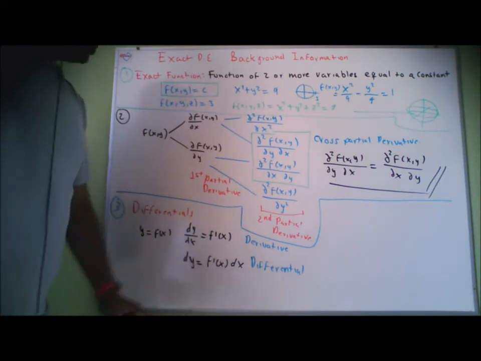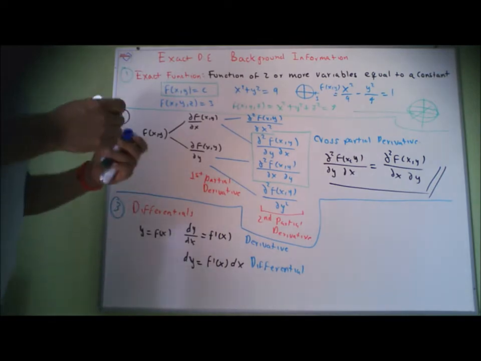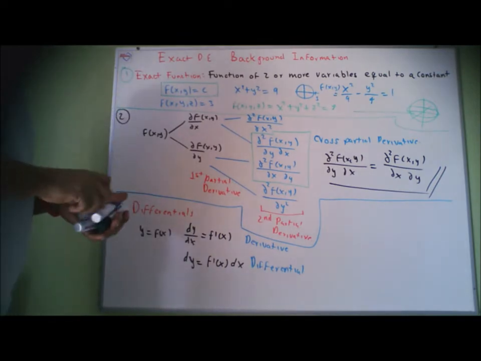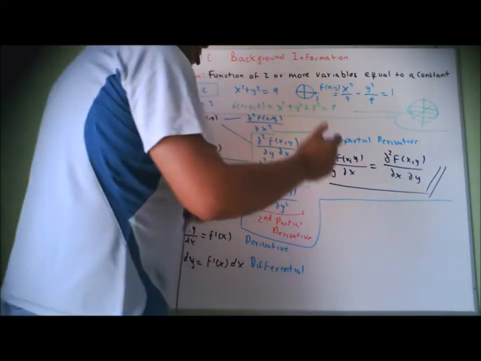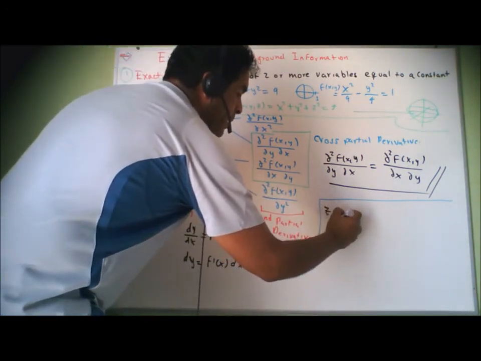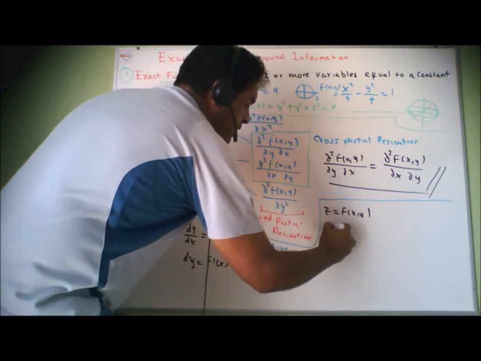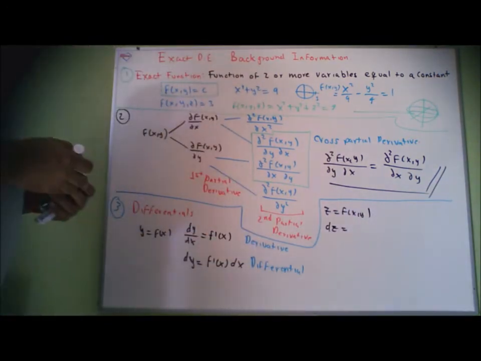But what happens when you have a function of two variables? Let's say z equal to a function of two variables. How do you calculate the differential of z? Because you have two variables, it's going to be very similar to this, but this is a function of one variable.